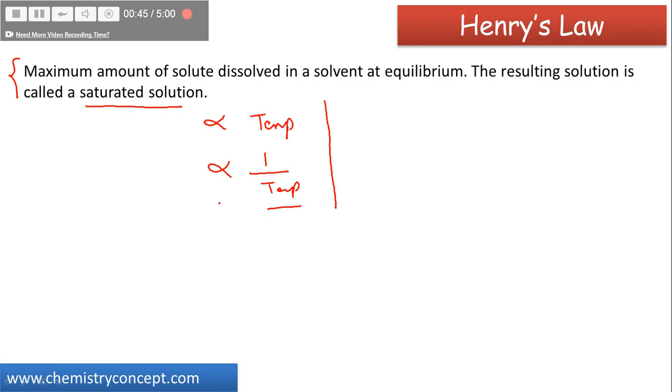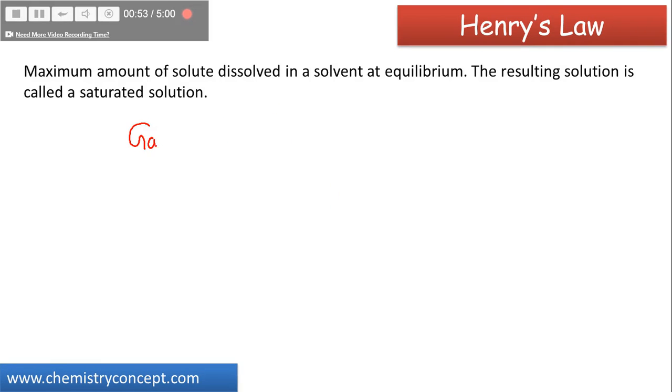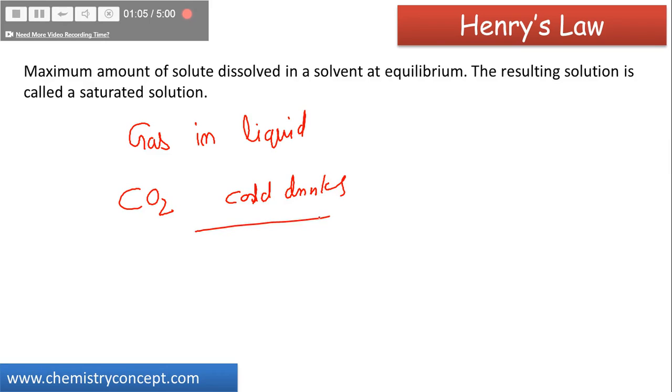Now let's have a look at what is Henry's law in this. Henry's law basically deals with solubility of a gas in liquid, like we dissolve carbon dioxide in cold drinks. Fine. So what does Henry's law say?